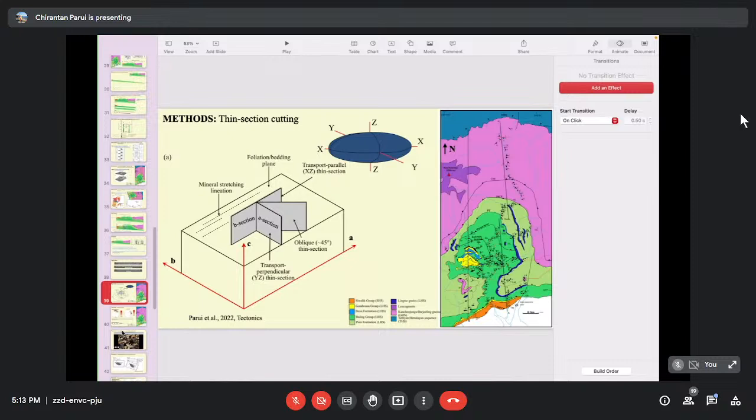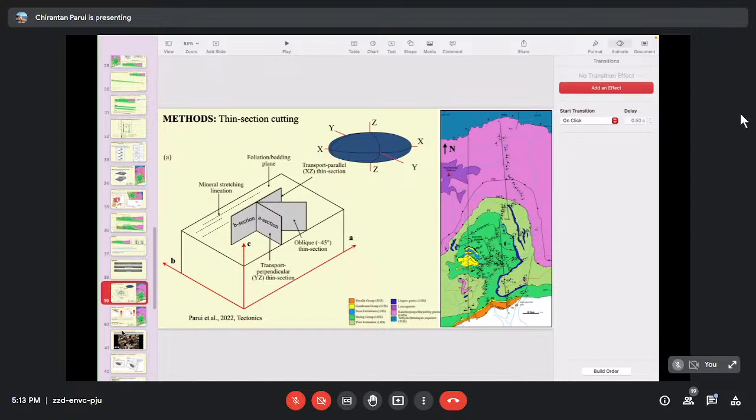So the collision, based on the current studies which try to constrain the age of collision, the ages range between 60 to 50 million years. Some people have 58, but I gave an overall range, which is 60 to 50.